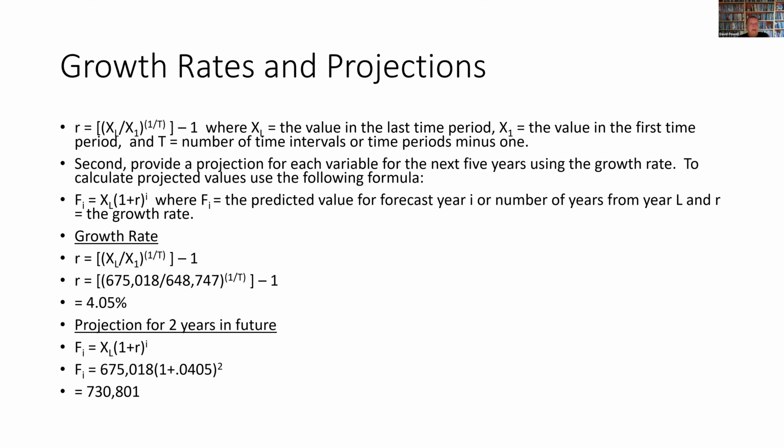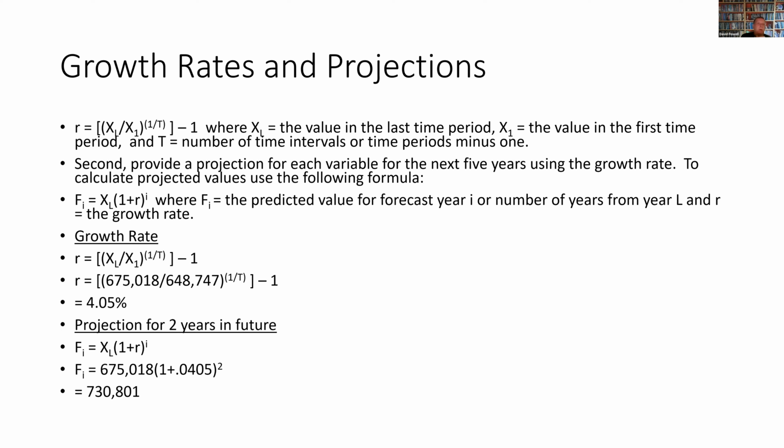So the 675,018 is your XL, the 648,747 is your X1. So you divide those numbers, and then you raise it to the 1 divided by T power. Since we're only looking at 1 year, we're saying this year compared to the year before, then that T would become 1. So it's 1 divided by 1. If, however, there are 2 years between our first number and our second number, then that would be 1 divided by 2.